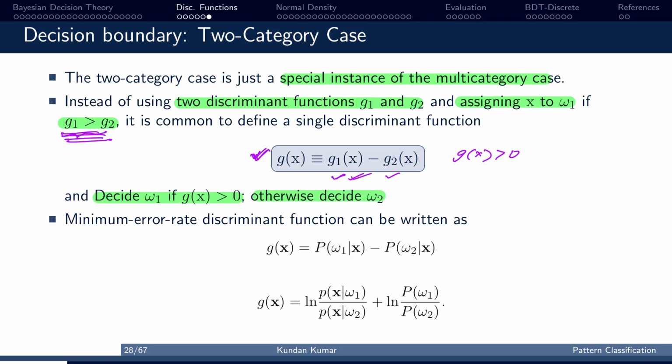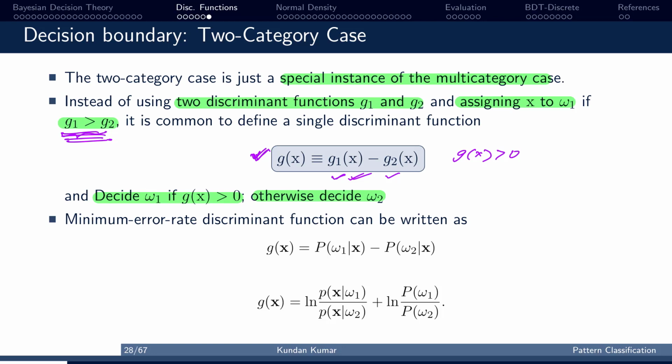Here we have a two class problem, so we can define the posterior probability for class 1 and class 2, and take the difference of these two posterior probabilities. That gives us the discriminant function, which defines the decision boundary between these two classes.